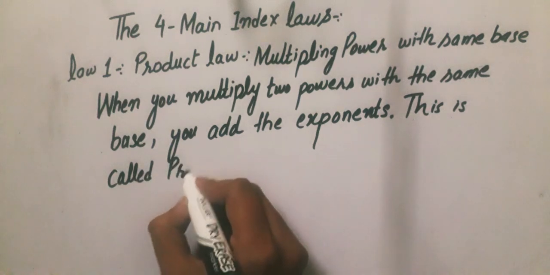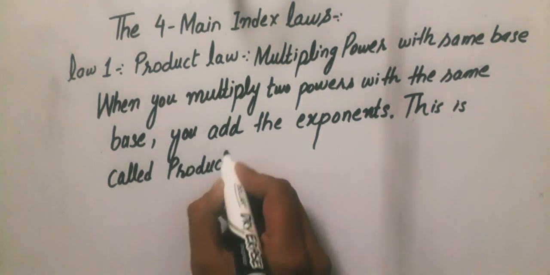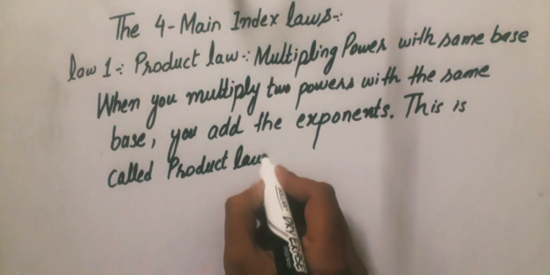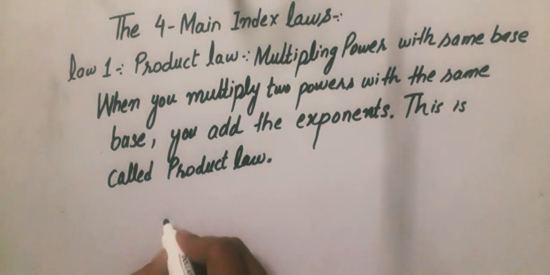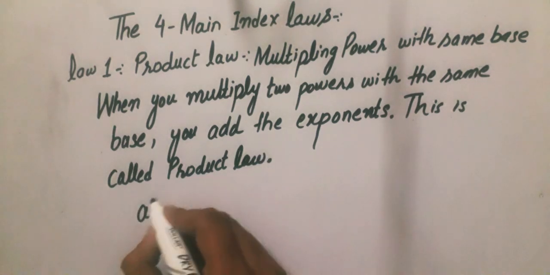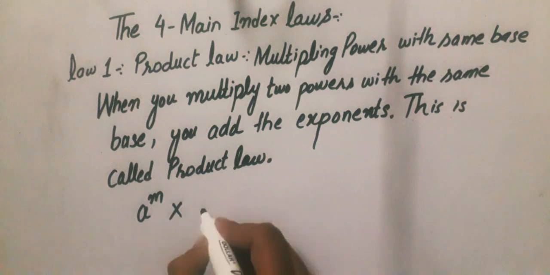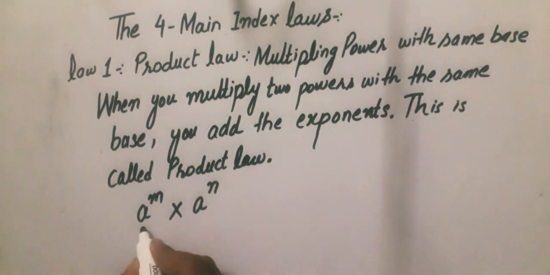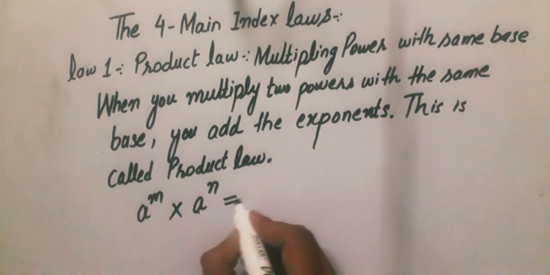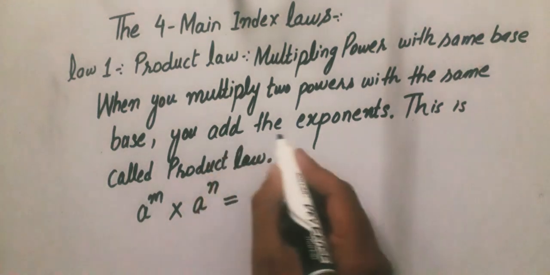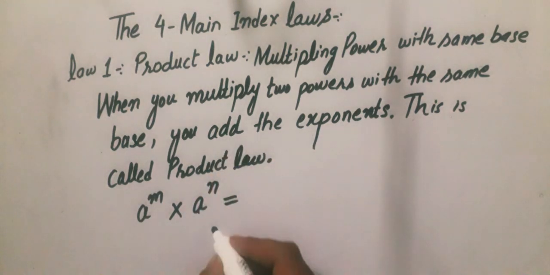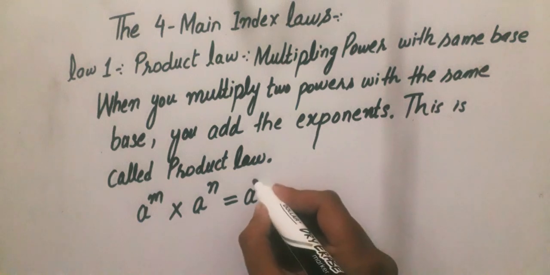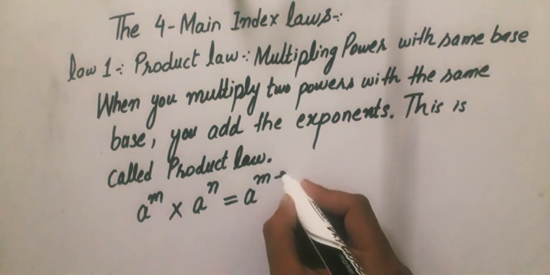In general form, we can write as a power m multiplied by a power n. Base is same, so you have to add the exponents, like a power m plus n.